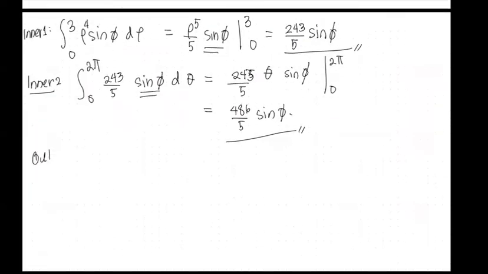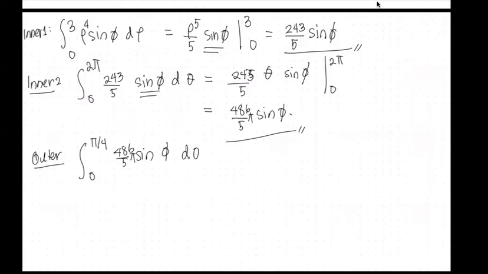And then the outermost will be the integral from 0 to pi over 4 of 486 over 5 sine of phi d phi.